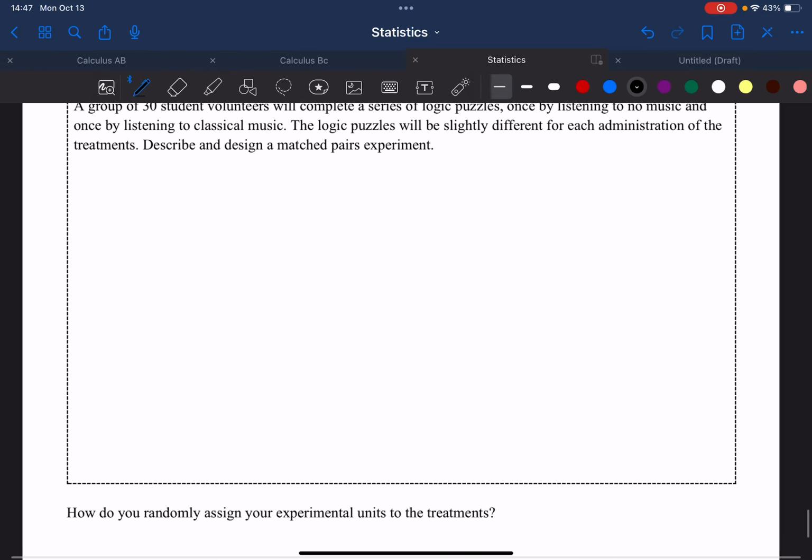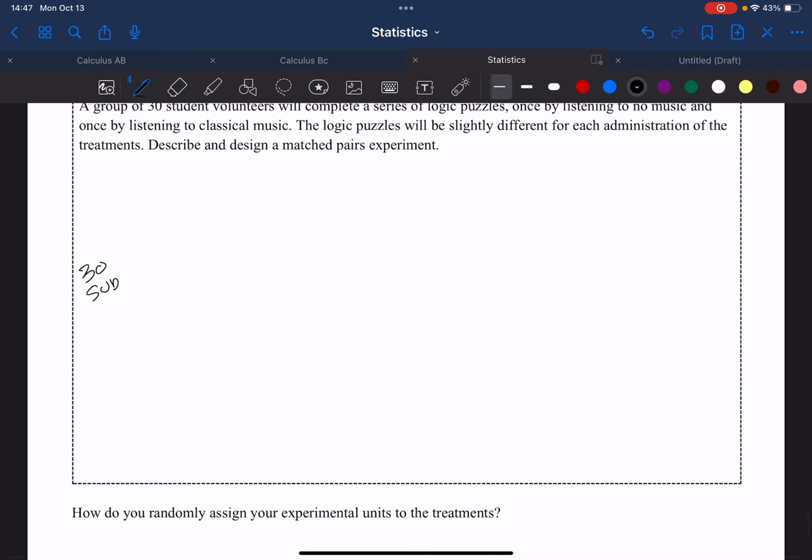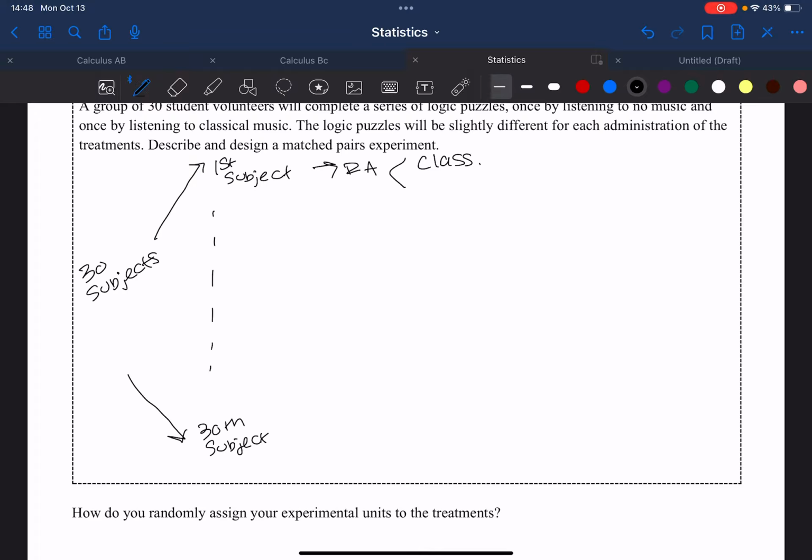Okay, so we have 30 subjects. We're going to label them the first subject all the way to the 30th subject. Each of these are going to be randomly assigned to either classical music or no music.